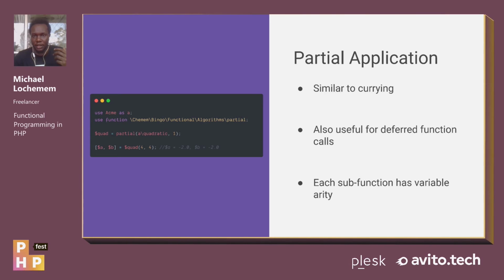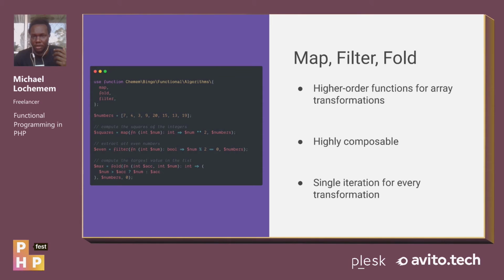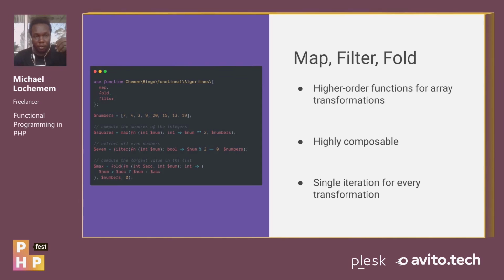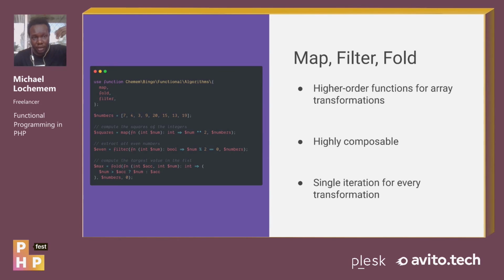Also, oh, yeah, there's map, filter, and fold. Basically for working on lists. Map allows you to transform values in a list. Filter basically allows you to return a set of values based on a Boolean predicate.